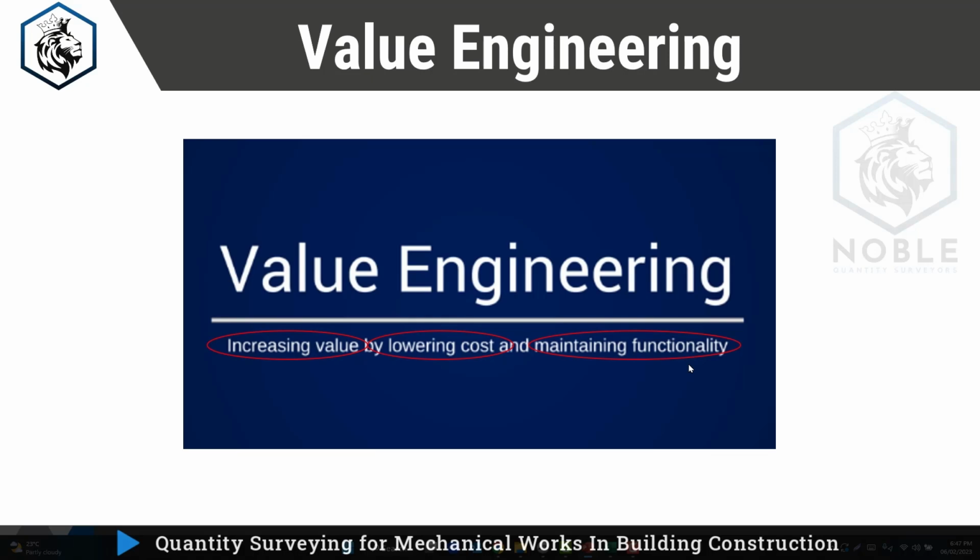I'll give you one more example. On top of the ducts, we are using insulation. Let's say the specification says you need to put 50 mm thick rubber insulation. What I'll do is reduce the insulation thickness from 50 mm to 25 mm.